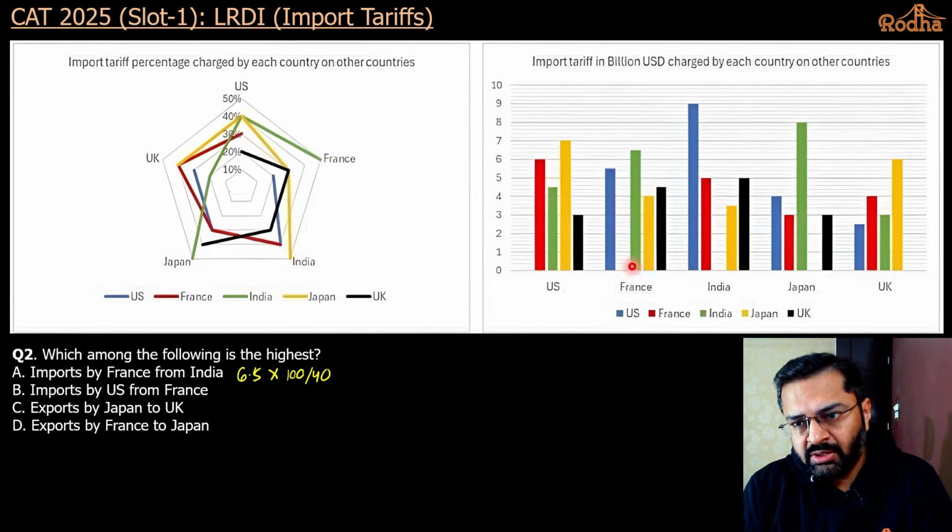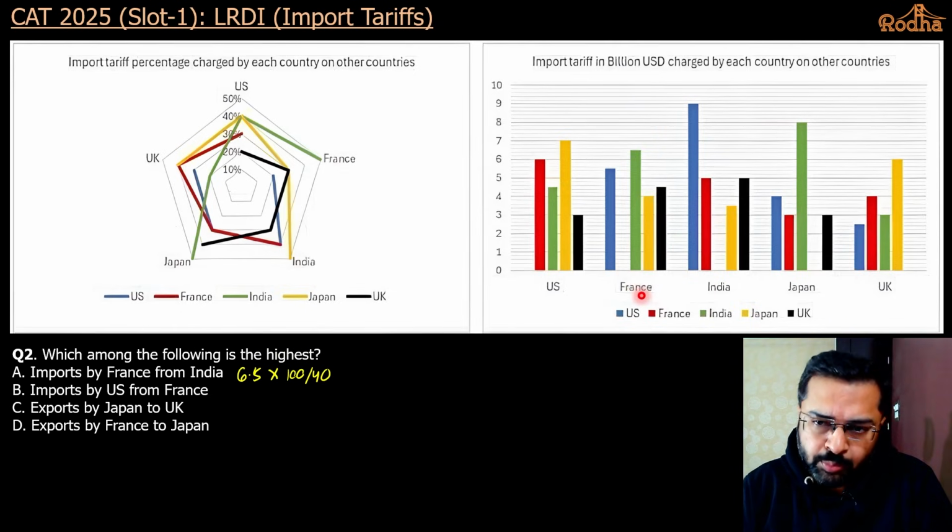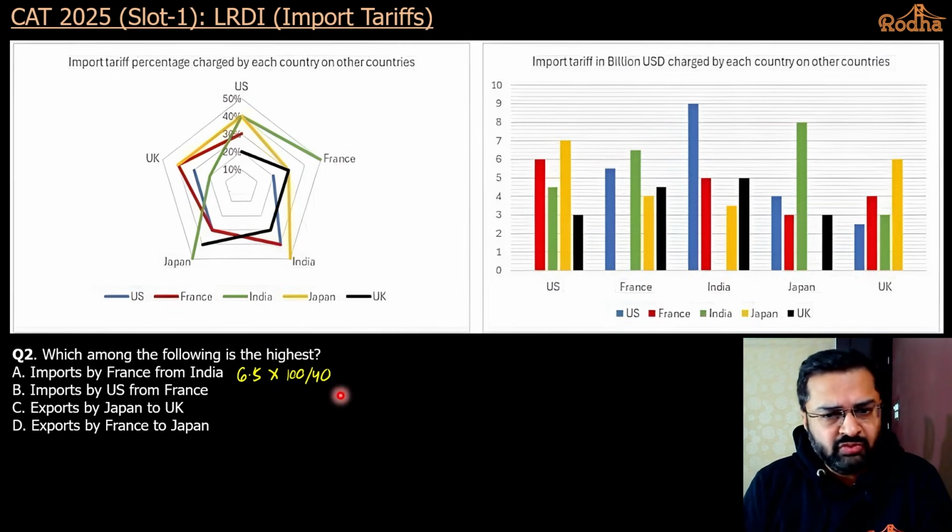So India, green one. Under France, if you look at the import tariffs in US billion dollars levied by France on Indian goods while importing, that comes to 6.5. So 6.5 is basically 40% of the total value. We can just do it similarly for the rest of them. 6.5 into 100 by 40. Would I calculate it? No, because I just have to compare.